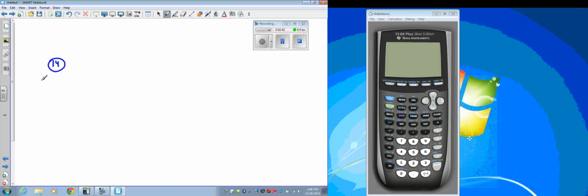And you have to check for extraneous solutions when you square, because when you square things, you get extraneous solutions. So that's what I'm using. So we have 2 secant x plus 1.